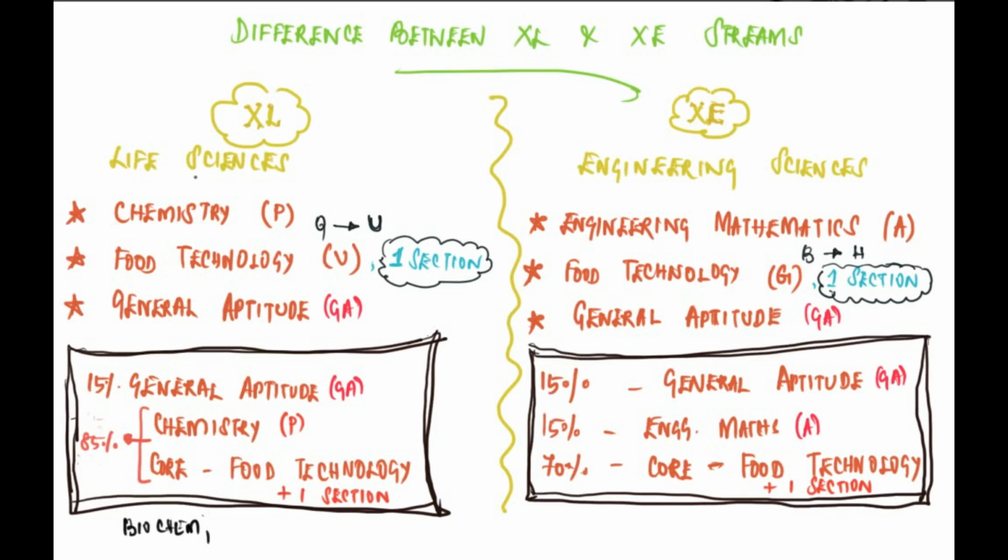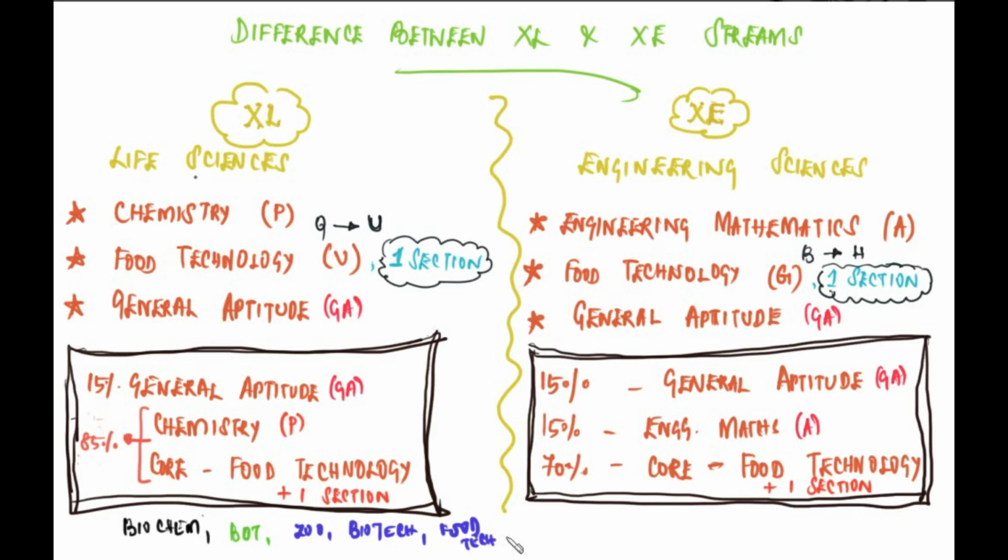Okay, the second option which you have is botany, and zoology, and biotechnology. Okay, biotechnology, botany, zoology, biochemistry, biotechnology, and food technology.